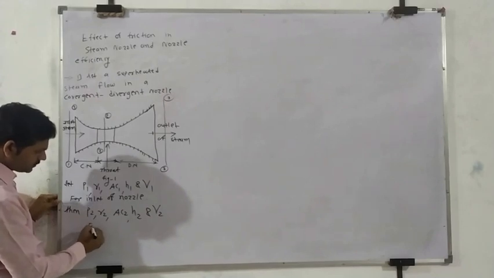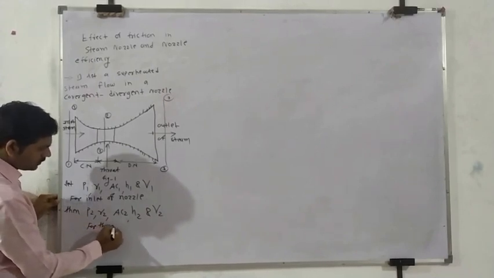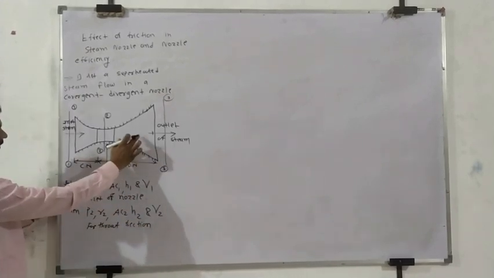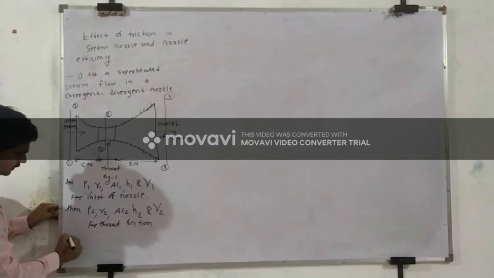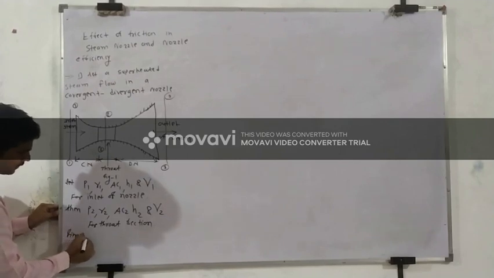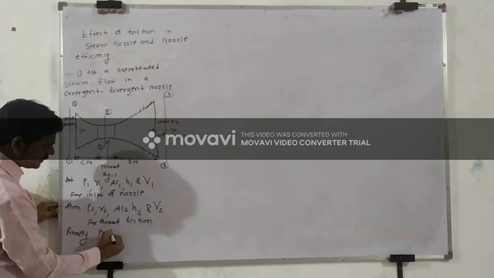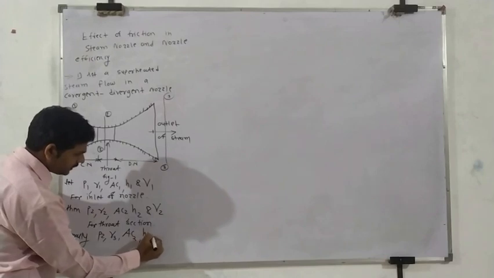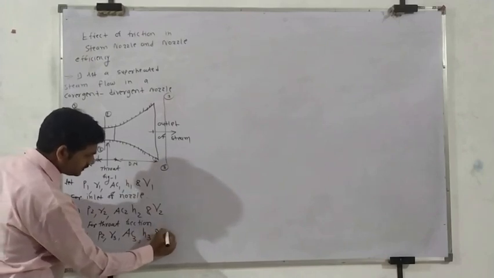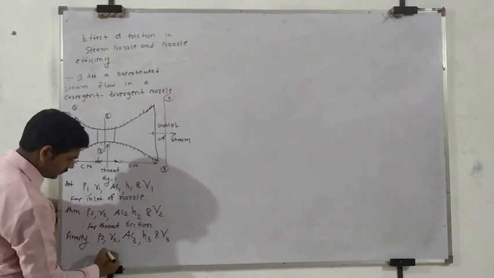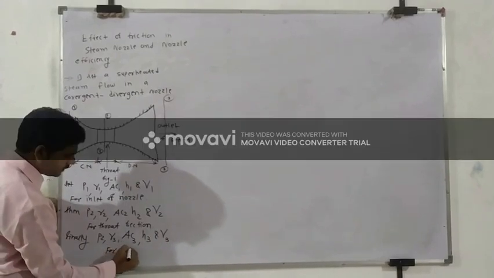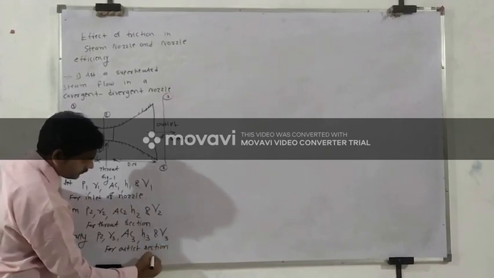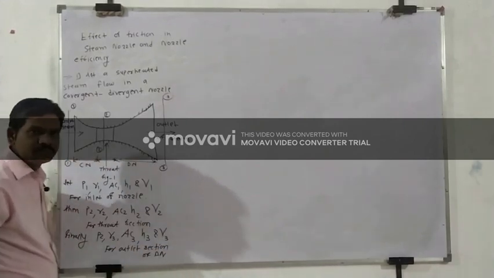For the throat section. And then finally for the divergent portion, P3, specific volume V3, cross sectional area AC3, enthalpy H3 and velocity V3 at the outlet section of the divergent nozzle. Okay boys?